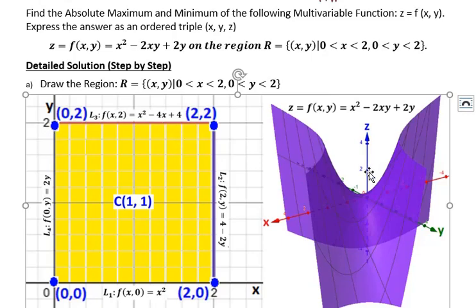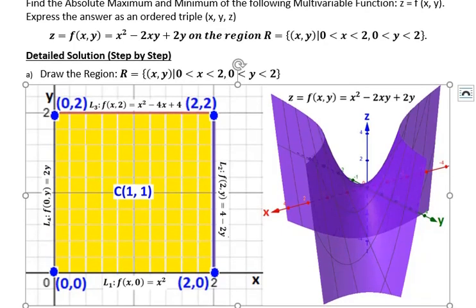And this is the function z equals x squared minus 2xy plus 2y. This is the three-dimensional graph of z, where the x-axis is red, the y-axis is green, and the z-axis is blue.